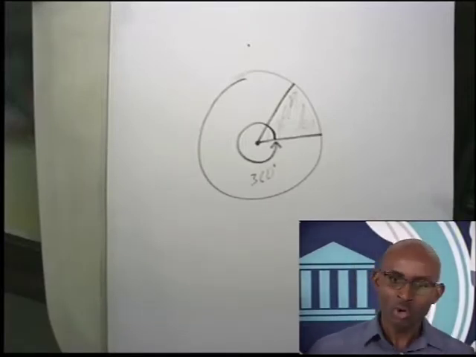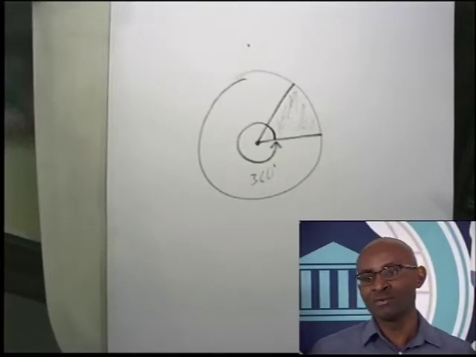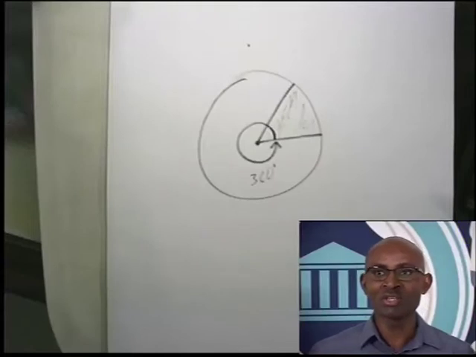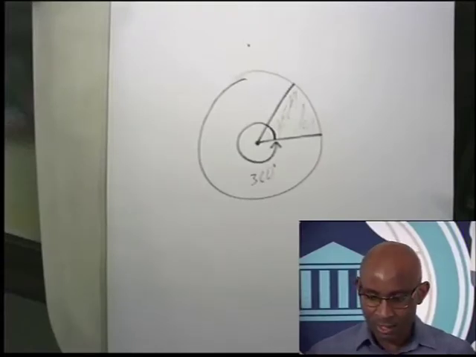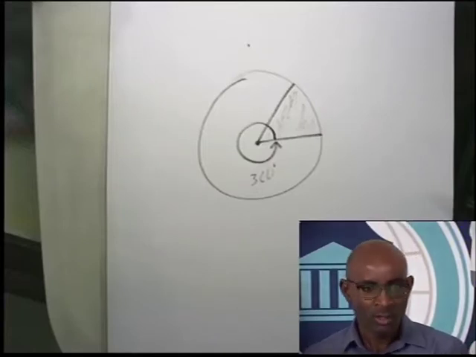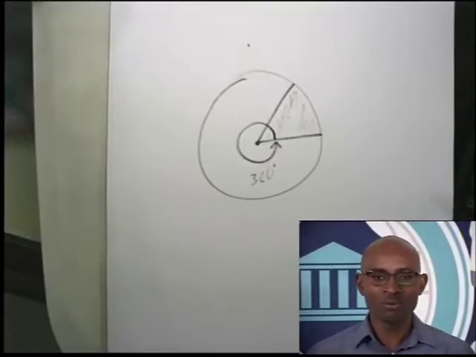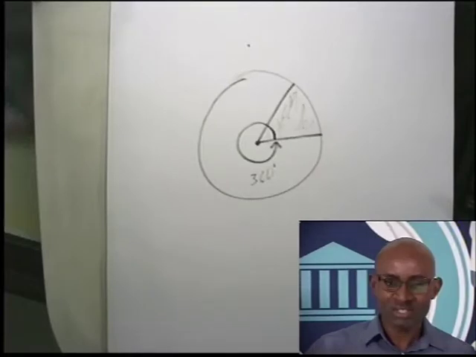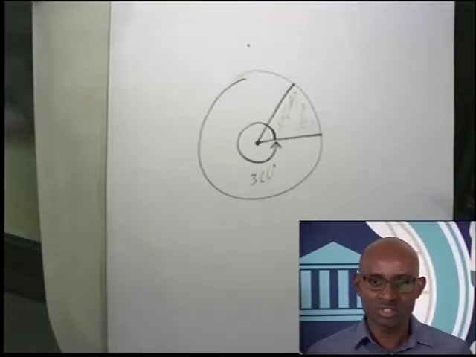Of course, you'll find people talking about 120%, but that's not accurate. There's no such thing as 120%. The sum of percentages must sum up to 100. And the same, the sum of angles of sectors in a circle must sum up to 360.